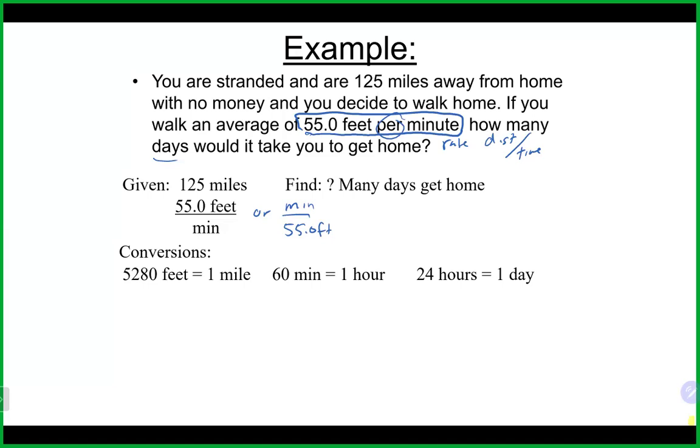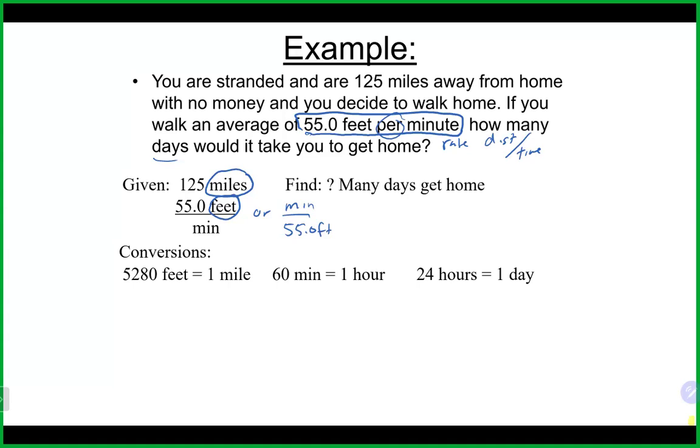Things will not cancel out correctly if they are not in the same unit. Here our distance is in miles, but my rate is in feet, which means you need to do one of those conversions. You can convert the miles to feet or the feet to miles, but you can't use them like they are. It will not cancel out correctly.